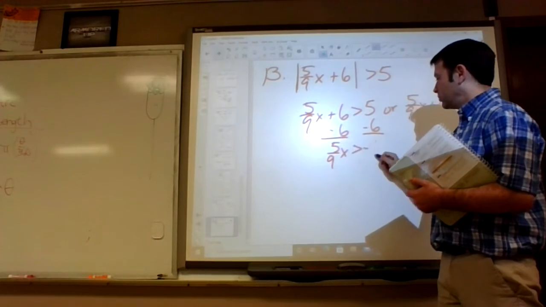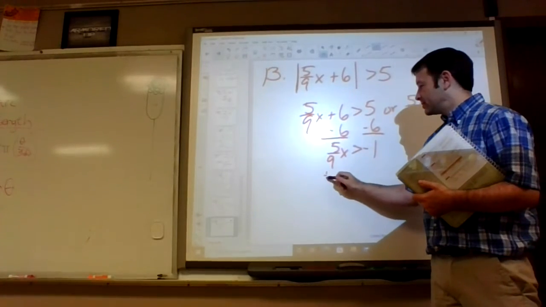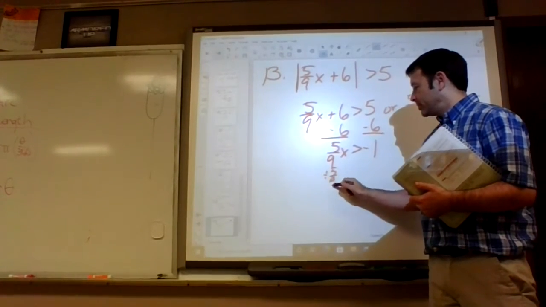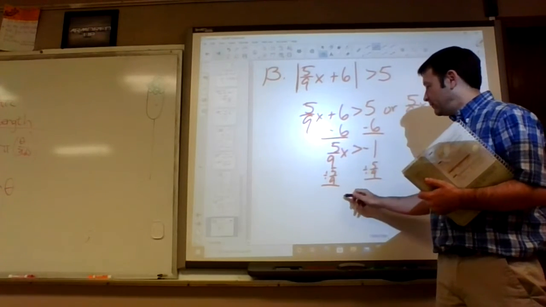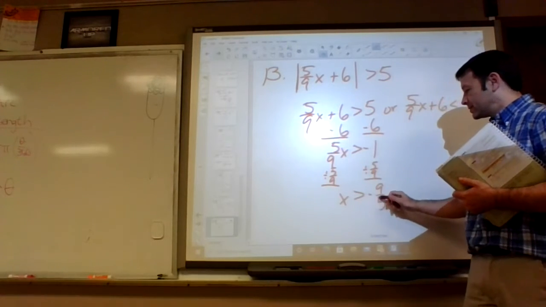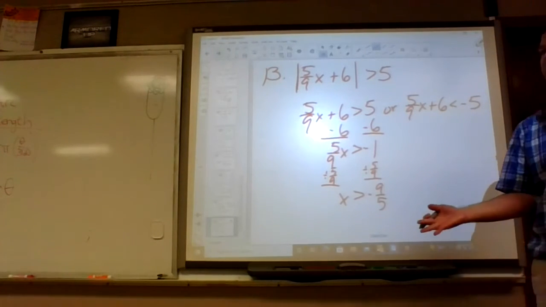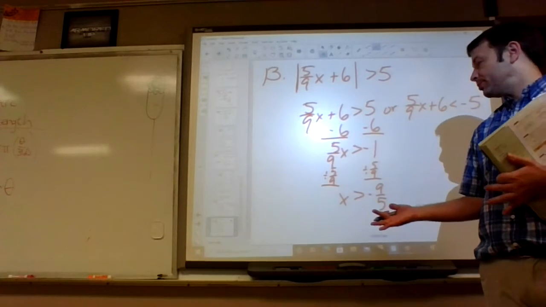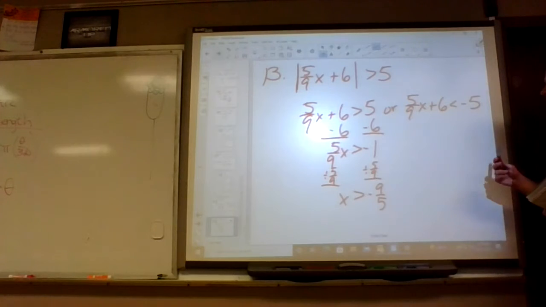is negative 1. Remember when you divide by 5/9 by hand, you're really multiplying by 9/5. So 9/5 times negative 1 is negative 9/5. If you're not sure, you can plug it in the calculator, and your calculator will probably tell you negative 1.4 or maybe negative 1 4/5, which is fine.